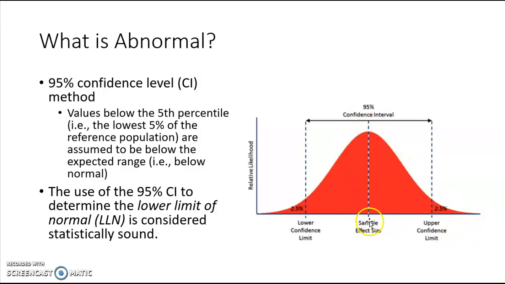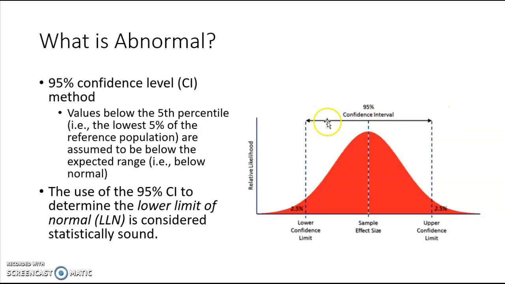The mean is right in the middle. The 95% confidence interval is identified here, with the upper confidence limit being 2.5% of overall and the lower confidence limit being 2.5% of the lowest. So 2.5 plus 2.5 equals 5%.